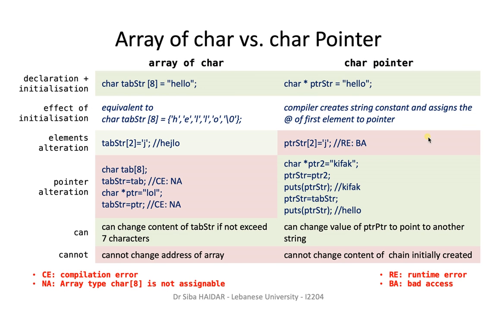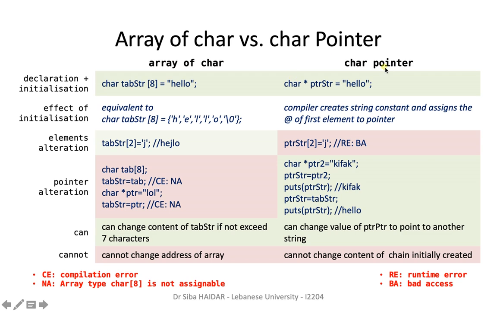Let's recapitulate what we just said. Here we have a table comparing the array of characters with the char pointers. We will compare declaration and initialization. For an array of characters, we declare using square brackets, and then we can use the string version. We can say equal "hello" between double quotes.